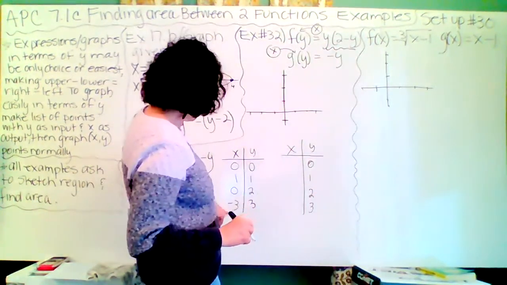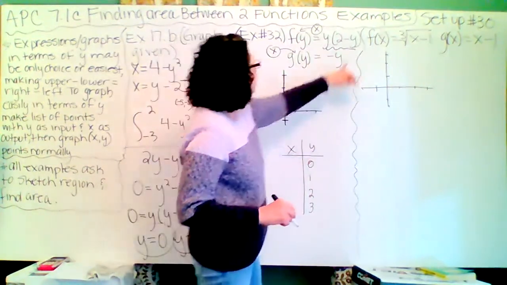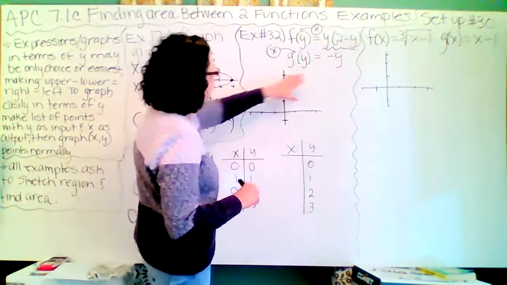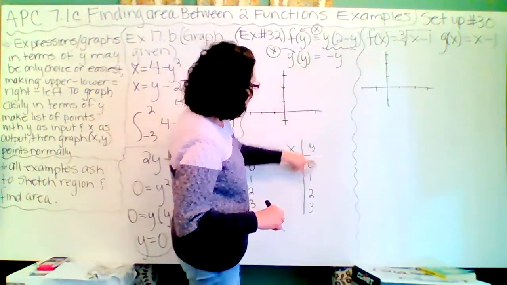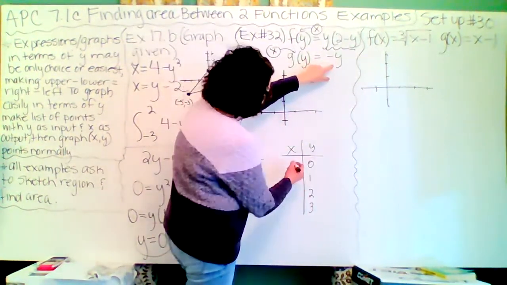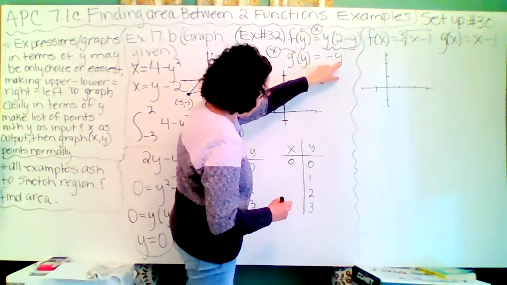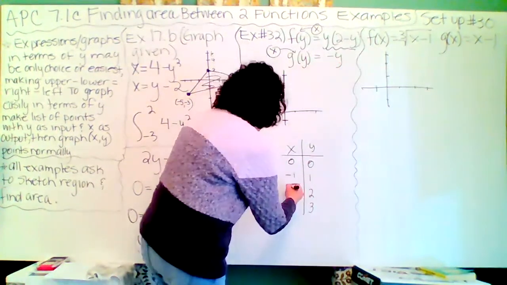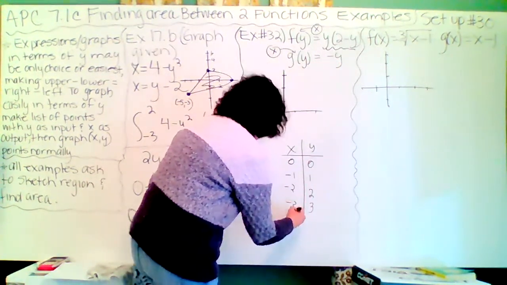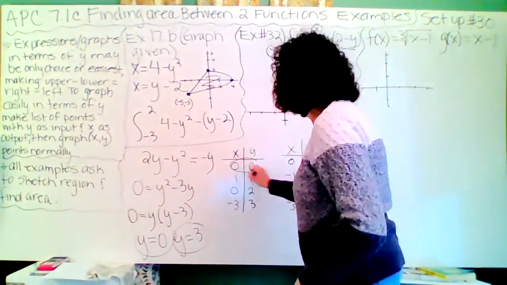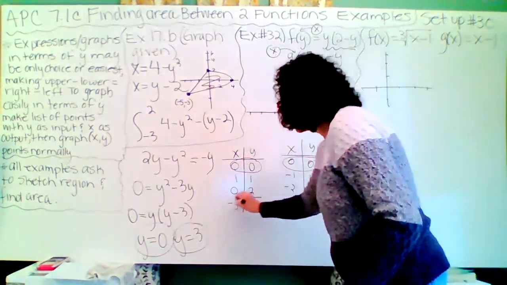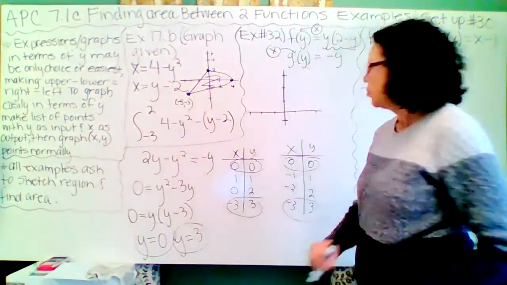Let me make sure I did that right again. When I put in a 3, I sure did. Now for this function here, when I put in a 0, I get a 0 out. When I put in a 1, I get negative 1, negative 2, negative 3. And take a look. I must be right, because they really do intersect at these points.